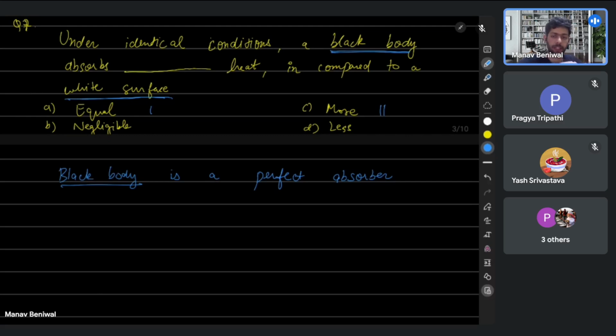For a black body, it is not reflecting any light. Okay, no radiations at all are getting reflected. Therefore, what you see is black. And because no radiation is getting reflected, it means that they are getting absorbed. Okay, so therefore a black body absorbs more heat because heat is nothing but radiation, right? It will absorb more heat compared to a white surface.